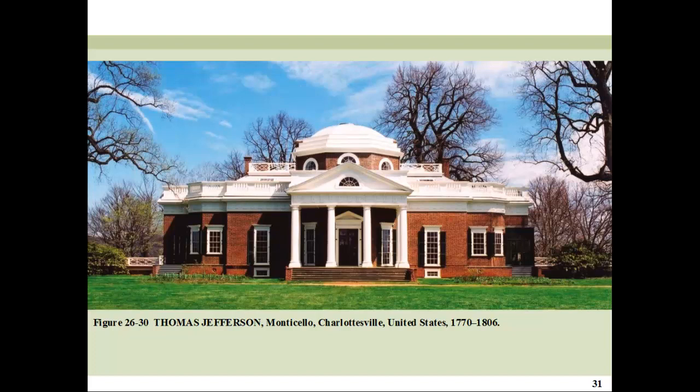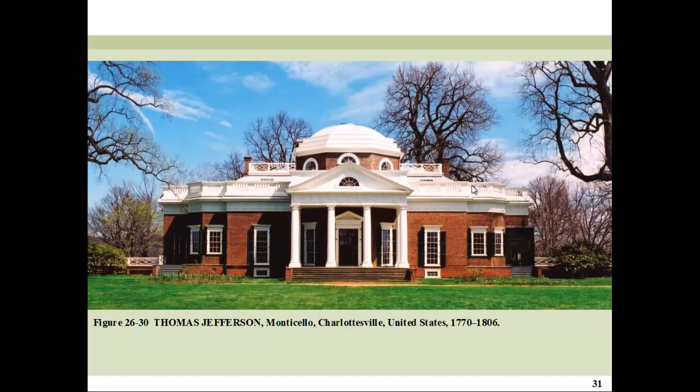When he came back to the States, he completely redesigned Monticello, using French doors, tall, narrow windows, and even a balustrade above, right here, in an attempt to make his home appear as a single story.